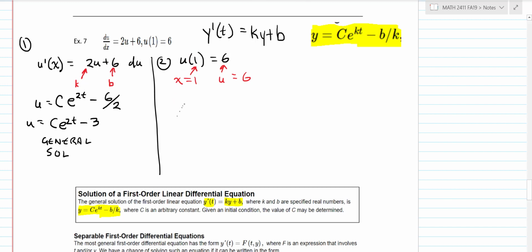So we're going to plug into our general solution, u equals c e to the 2t minus 3. Just replace u with 6. Oh, you know what I did? That needs to be an x. You have to make sure your variables are right. So that's a 2x, like that.